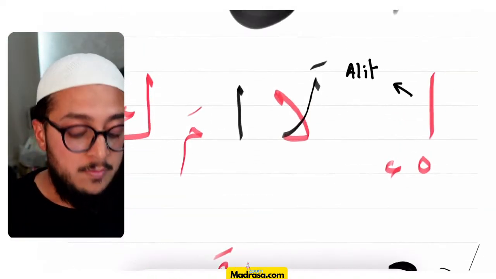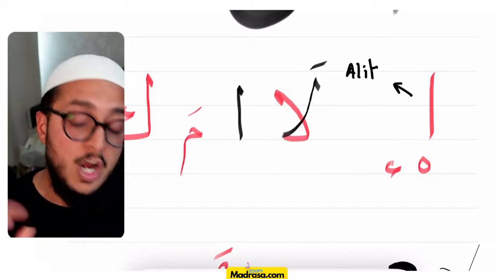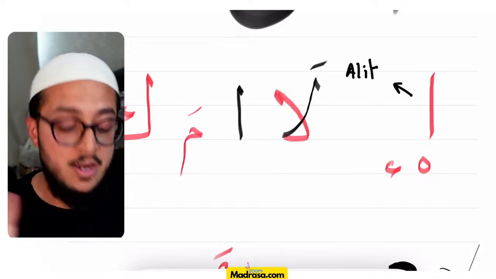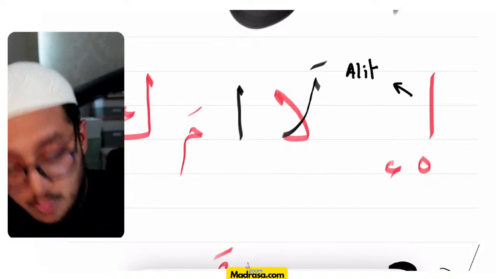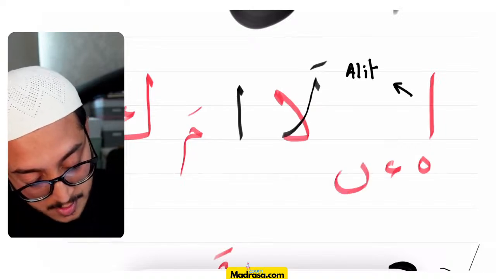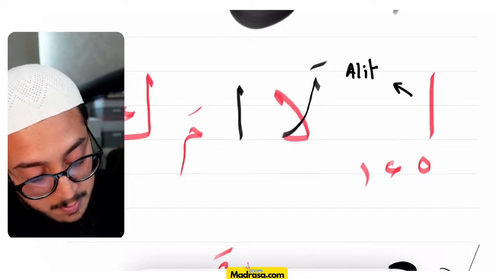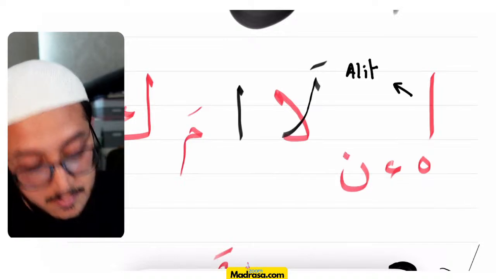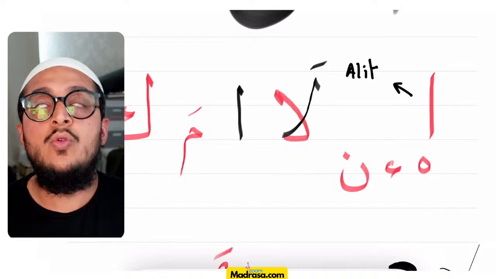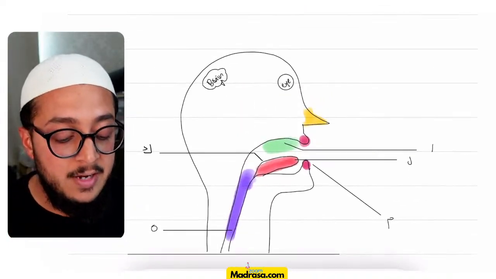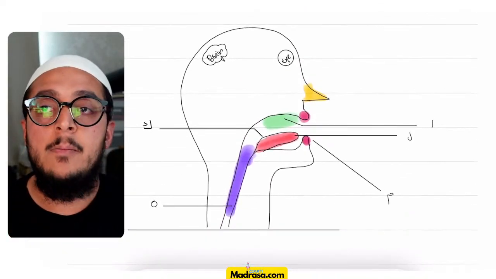All right, let's go. Alif, lam, kaf, meem, noon. Again, noon. Let's use meem. Look, it's easy for me to say noon. Let's practice. Man, man.